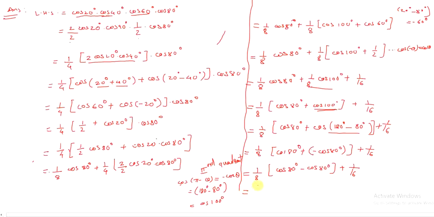So it is equal to 1 by 8, and this plus cos 80 degree minus cos 80 degree get cancelled, and here remains 0 only, plus 1 by 16, so it is equal to 1 by 8 into 0 plus 1 by 16, which is nothing but 1 by 16, and that is equal to RHS.